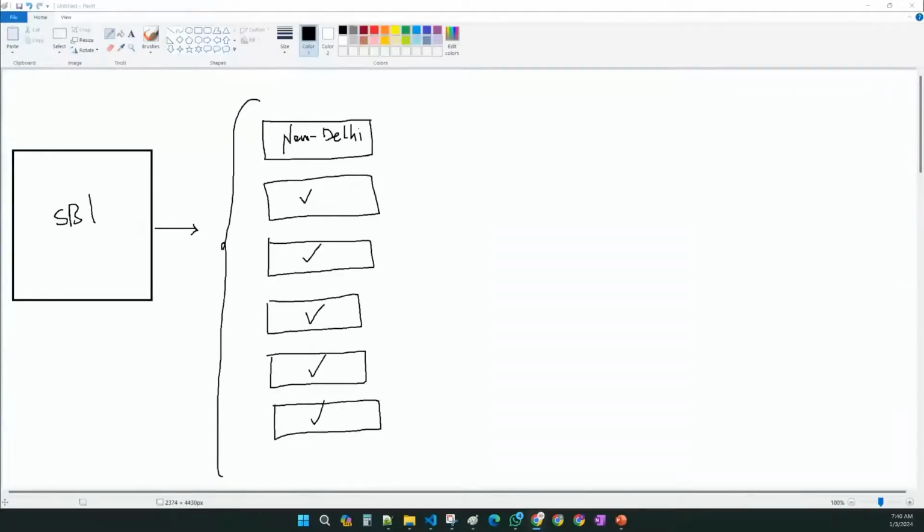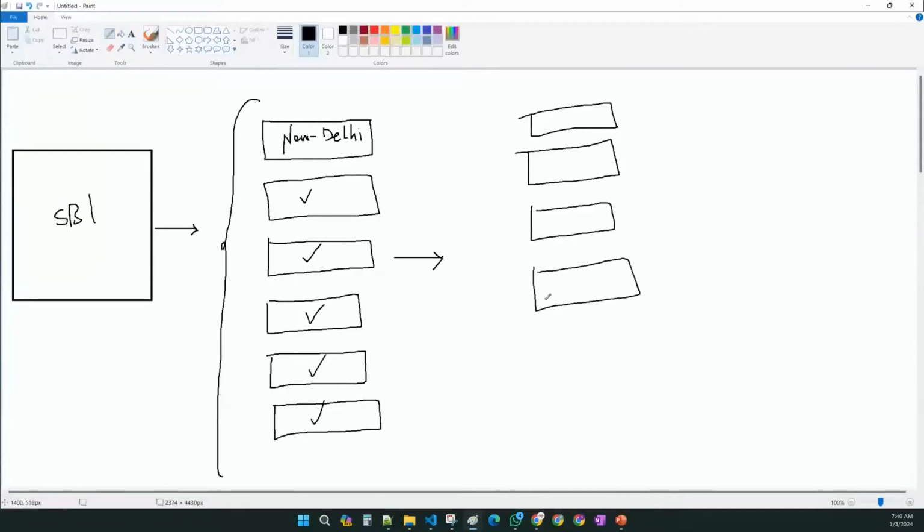Okay, what SBI has to do again, instead of only having branches in the state capitals, they can also divide their branches into each state, and in each district they can also have the branches.